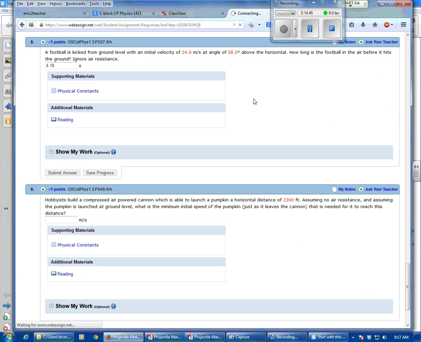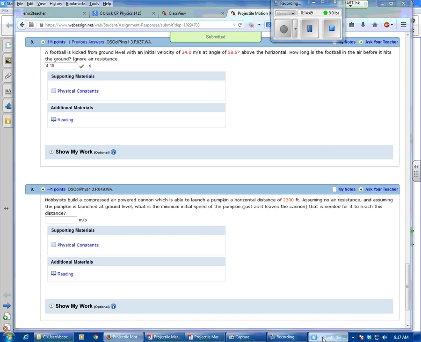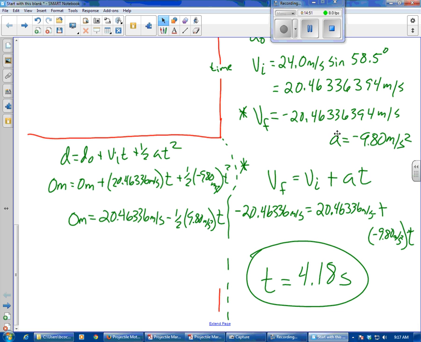That's right. Yay. So if you realize that, and this V final here is only true because it lands at the same height. If it doesn't land at the same height, then you have to go this left-hand method. Yes. Yep.